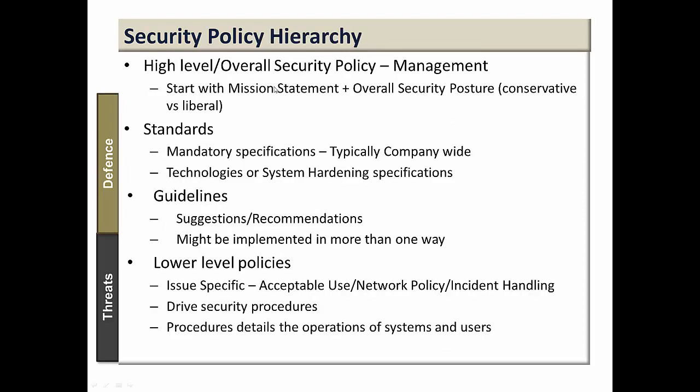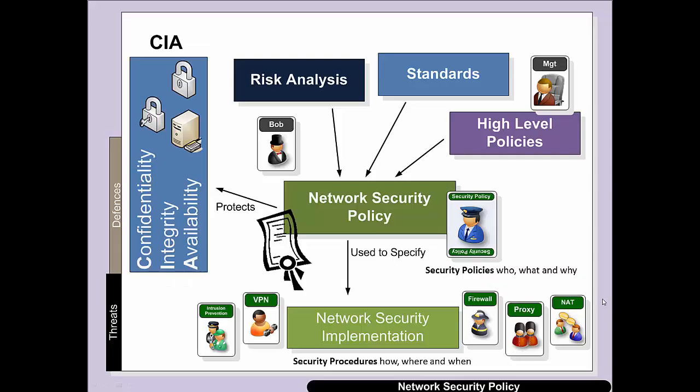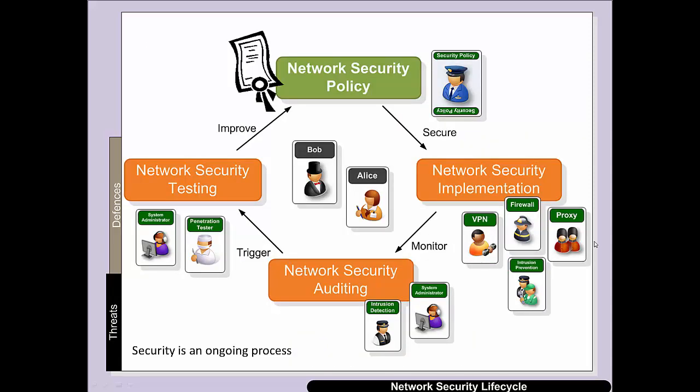So high level management, mission statements, standards and guidelines feeding into lower level policies which drive security procedures, and testing and auditing and setting up of our security devices and technical things as well. So all these things come in, and again the aim, back to the beginning of the lecture, is to protect our CIA of our assets.